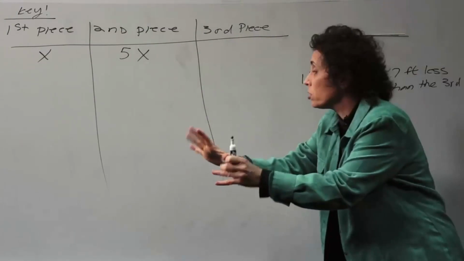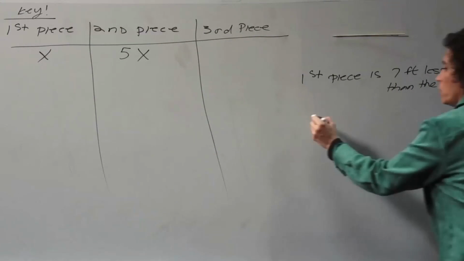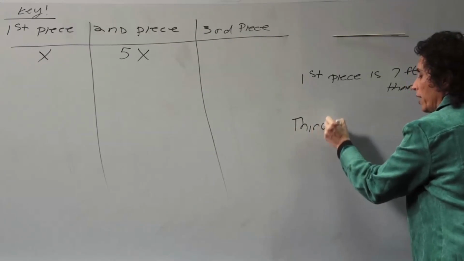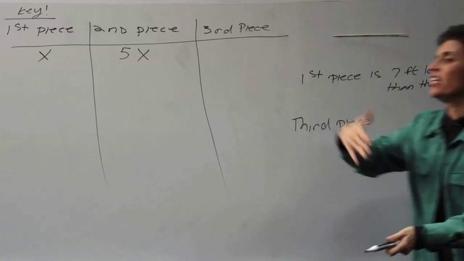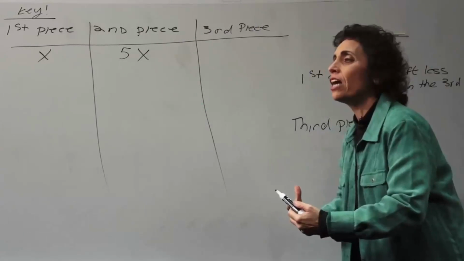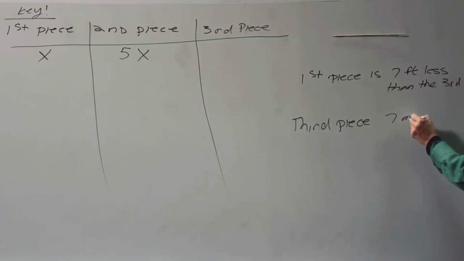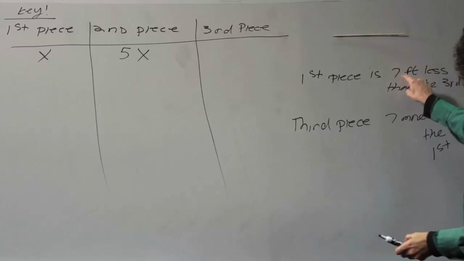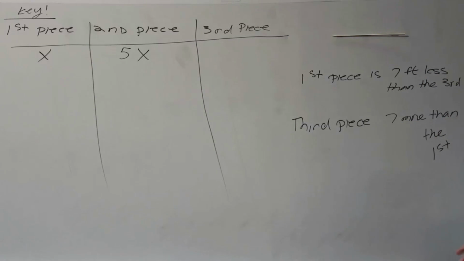This is common sense. If the first piece is 7 feet less than the third piece, how could I write a sentence that starts with the third piece? Well, if the first piece is 7 less than the third, then the third piece must be 7 more than the first.